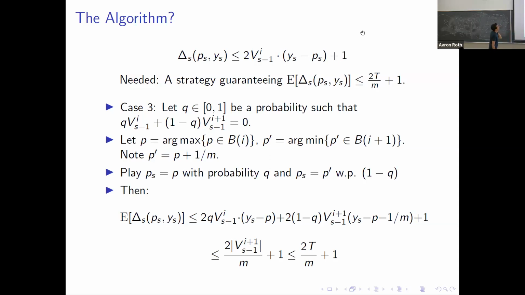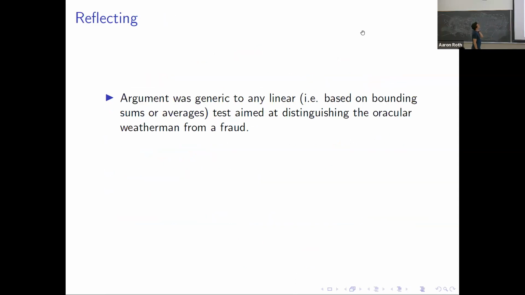And so the weatherman gets to keep his job. And so maybe just reflecting on this argument, we focused on this calibration test, which is a very natural test. Probabilities should be calibrated. But our argument was not, in fact, very specific to the calibration test.